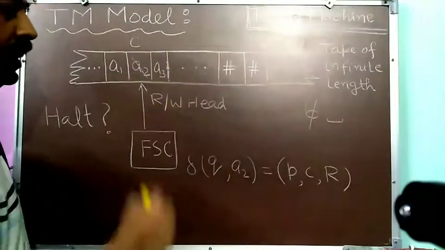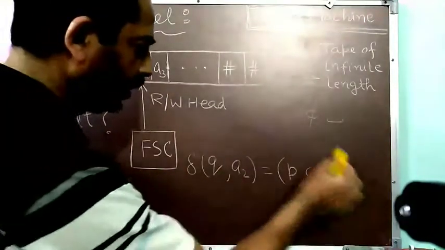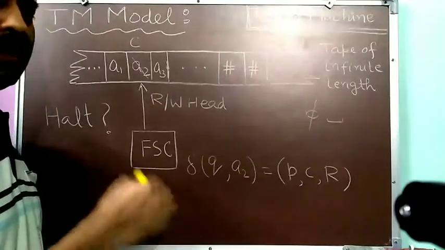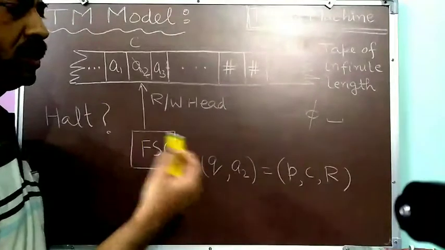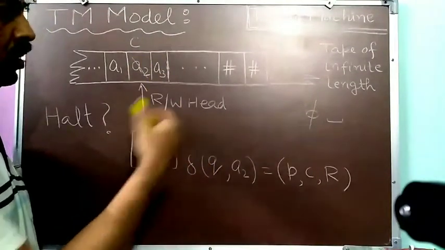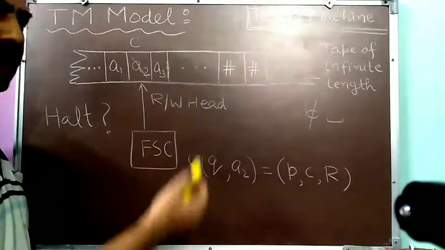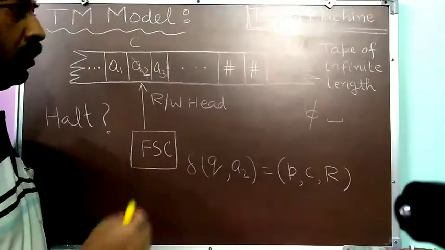Now here the machine will take the decision whether to halt or not as per the definition given in the transition function. We'll discuss in detail how we can represent the transition function in the Turing machine, and we'll discuss further details of the operation of the Turing machine and its formal definition.